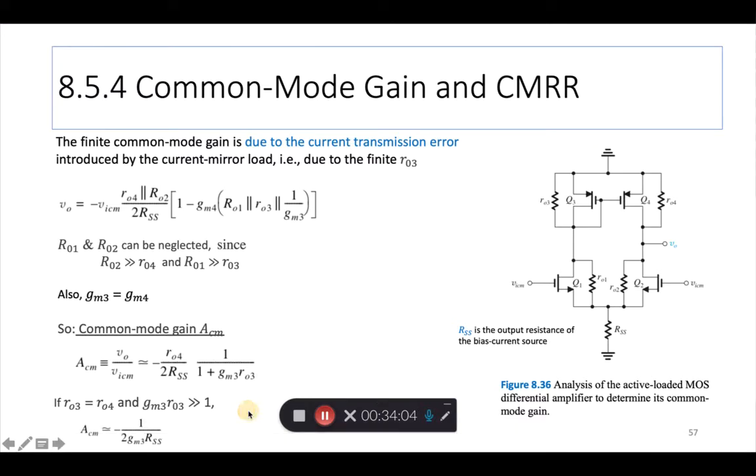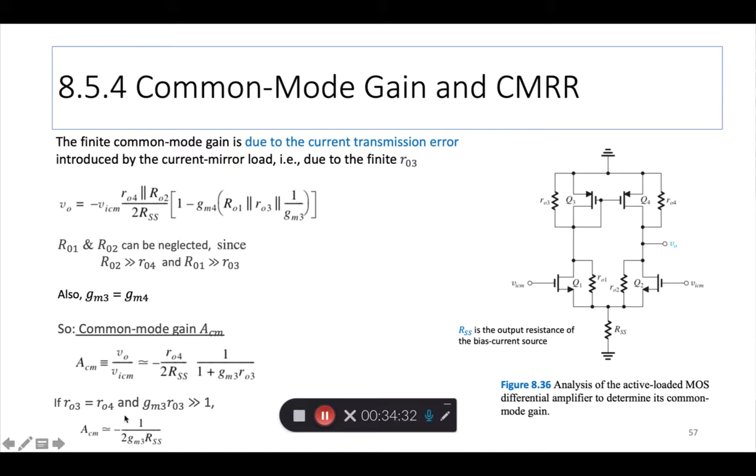This can again be simplified apparently because the RO3 and RO4 are the same, and this factor GM RO3 is much greater than 1. That means this goes away. So you end up with a pretty simple common mode gain due to common mode signals as 1 by 2 GM3 RSS.